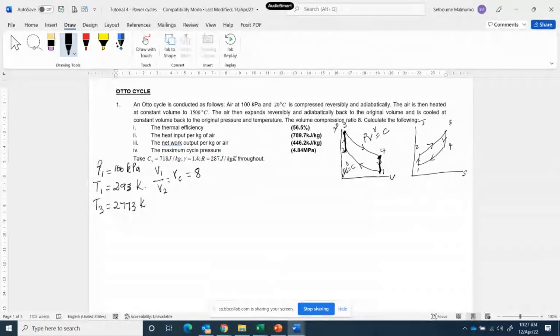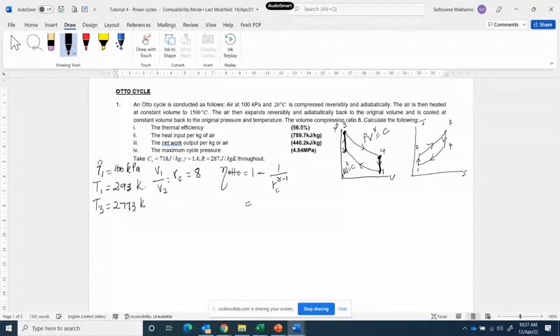Now, the first question says, calculate the following, the thermal efficiency. The thermal efficiency, we said we can use the temperatures, but we don't have T2, we don't have T4, so we can use that shortcut where we say the thermal efficiency of an Otto cycle is given by 1 minus 1 divided by compression ratio to the power gamma minus 1.